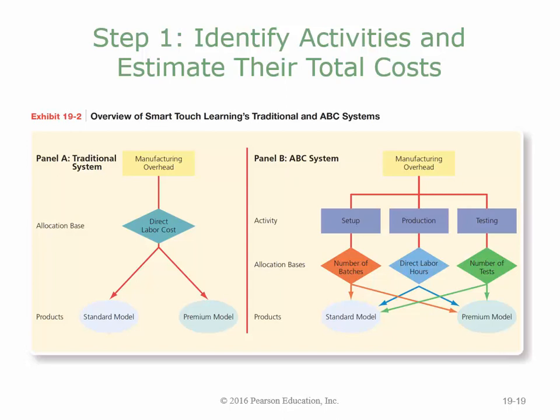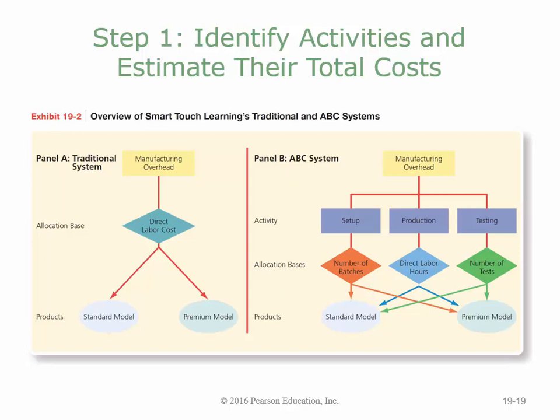In an ABC system, we have our manufacturing overhead broken down by activity, and then we have a separate allocation base for each activity, and then each of those allocations flows into the different products. That's confusing. All it really means is that instead of one allocation base or two, you have, in this case, 3. Okay? You're splitting up the overhead in other ways.